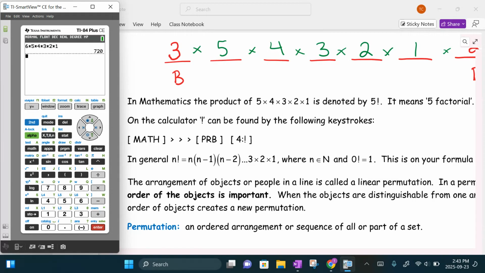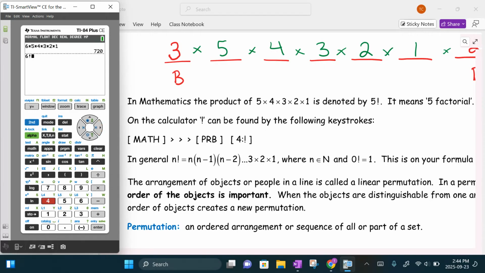You know how I just went 6 times 5 times 4 times 3 times 2 times 1? If you hit math, this is where you find the factorial symbol. Over to probability. 2, 3, and 4 are what we're going to be using in this chapter. We will not be using 1 ever, but the factorial symbol is number 4.